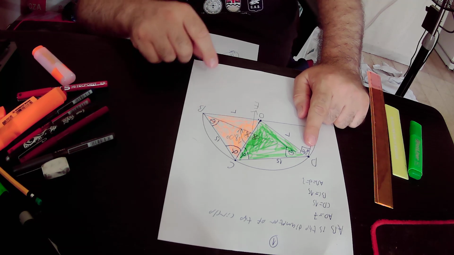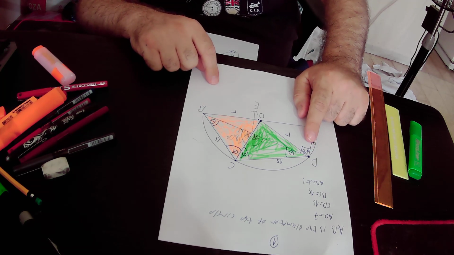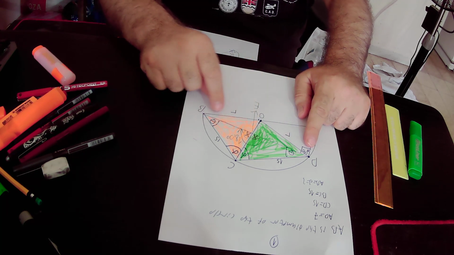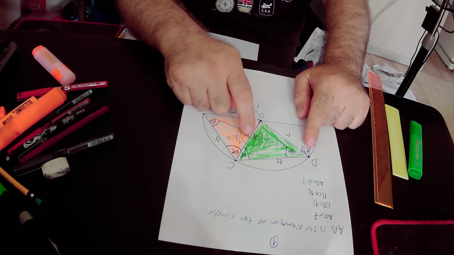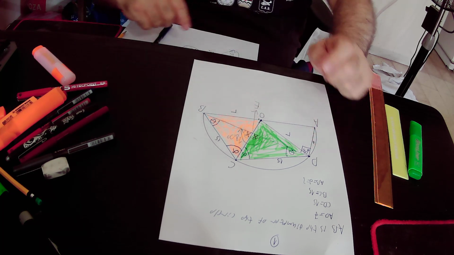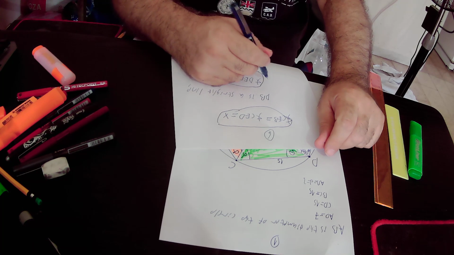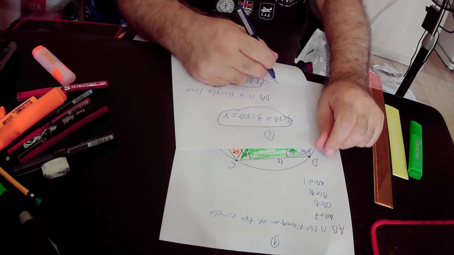But we know that the size of angle DEB is also equal to x plus x, that is to say it equals 2x.